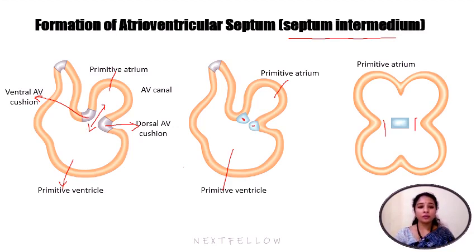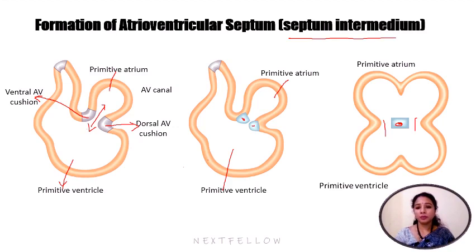This is from a sagittal section, and this is from above, a horizontal section. If you see the horizontal section, this is the AV septum which is formed here, dividing the AV canal into right and left parts.